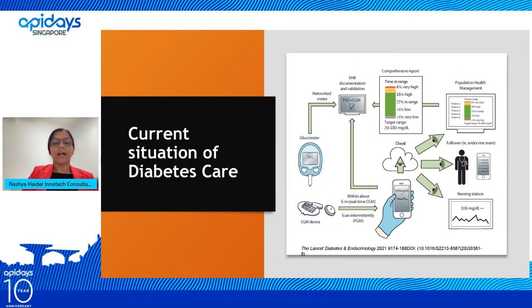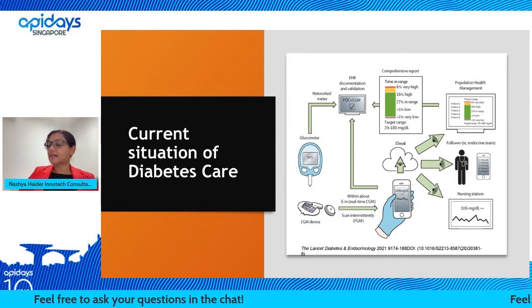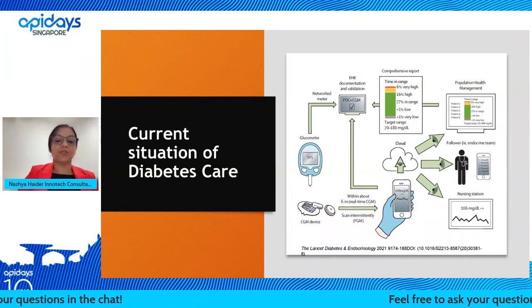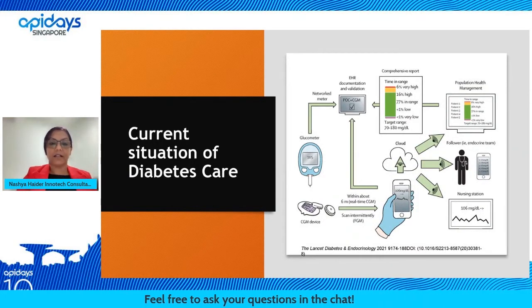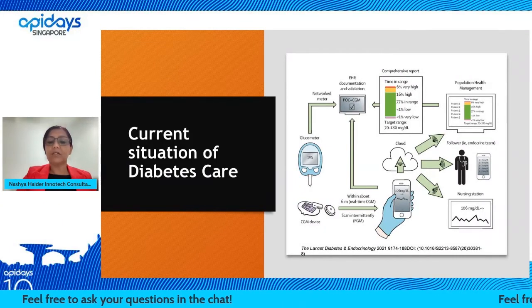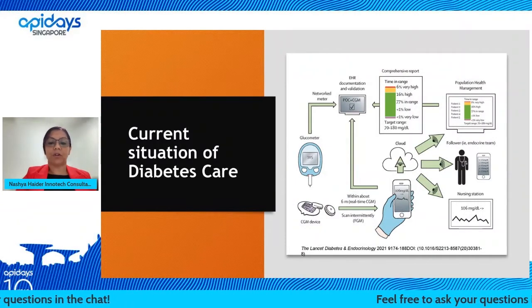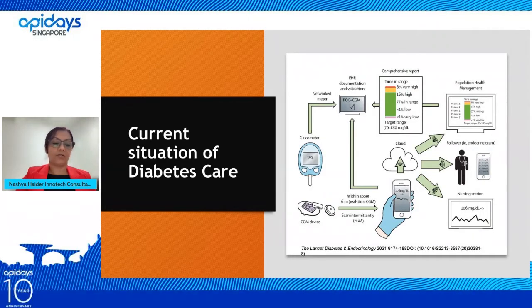Now, moving on, I'd like to talk about the current situation of diabetes care and the current situation during the COVID-19 pandemic in developed countries. As you can see from this slide, real-time continuous glucose monitoring devices, or flash glucose monitoring devices, are available that transmit data from the Bluetooth sensor on your arm to your smartphone.